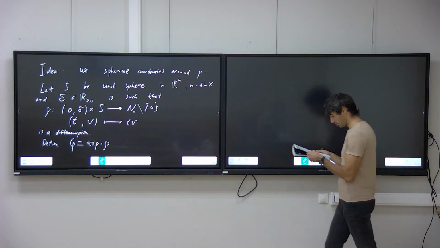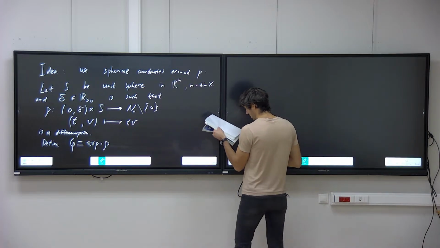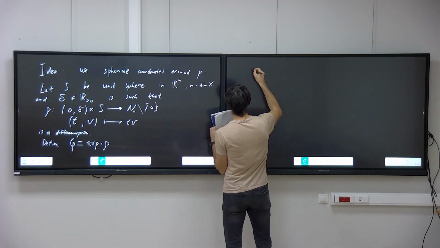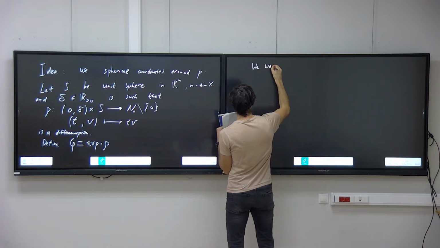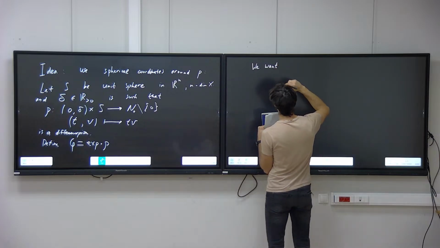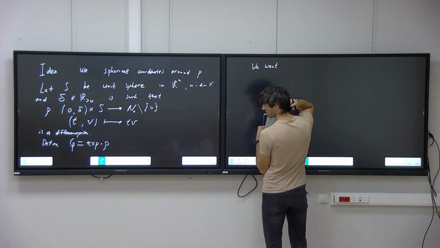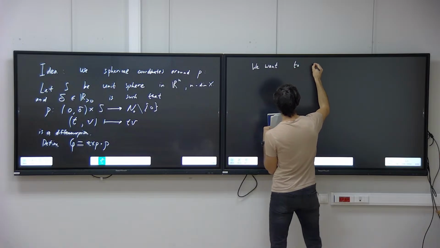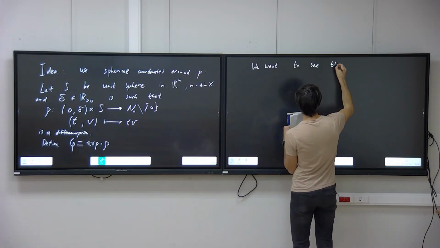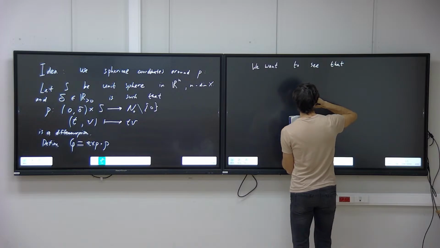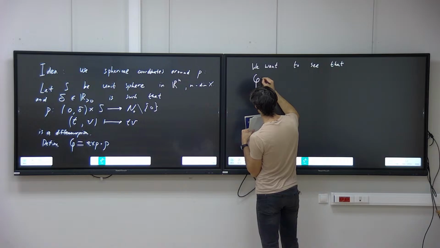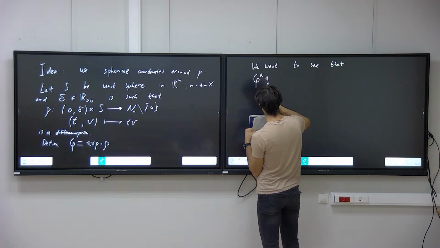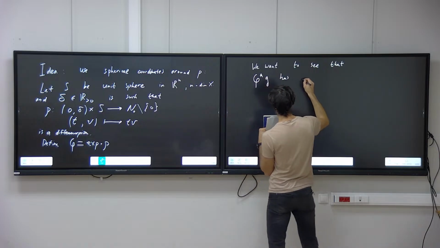We would like to see, as a not rigorous statement, that phi star of g has no cross terms.